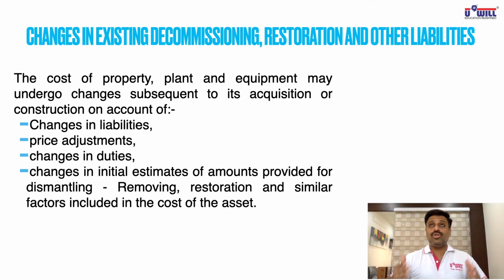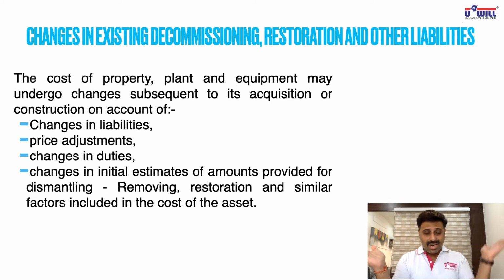Because of all these things, the cost of property will also change. So if suppose you import an asset or machinery of $1 lakh, presently the rate of dollar is 70 rupees, means the cost of machinery is 70 lakhs. After 1 year, let us say $80,000 are pending, and from 70 rupees it becomes 75 rupees. So now your liability of $80,000 increases by 5 rupees each. That is 4 lakh rupees, 80,000 into 5, 4 lakh. So in your books of accounts also, you will increase the value of asset by 4 lakhs as well as liability by 4 lakhs.